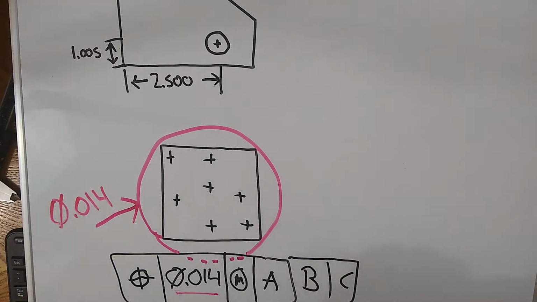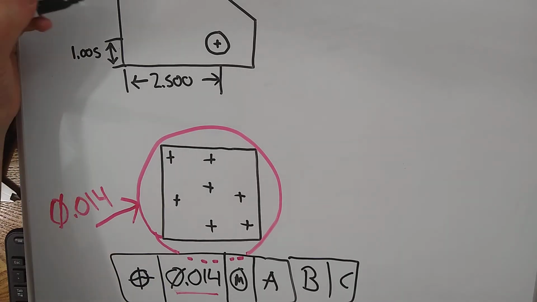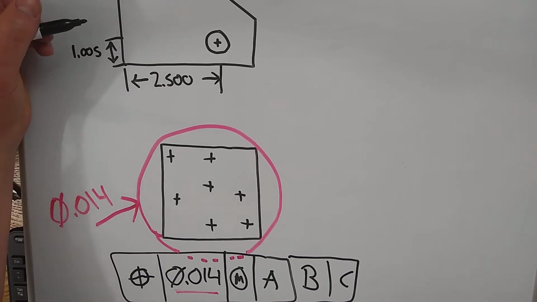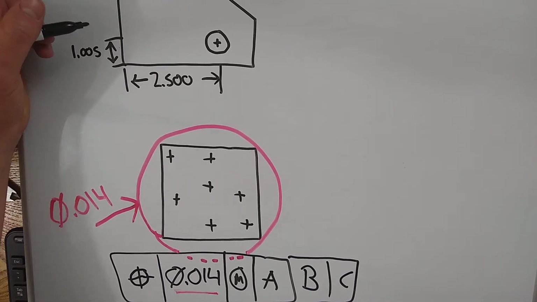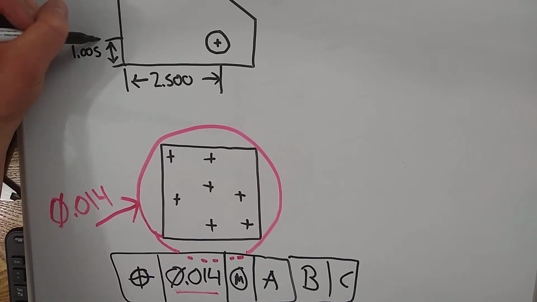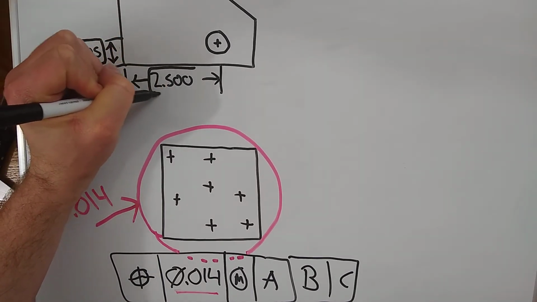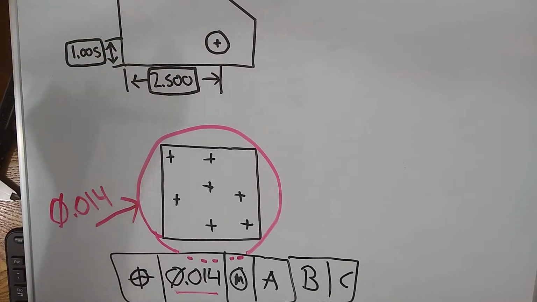But what I should have done on the print is that, because I added this position symbol at the end as a way to demonstrate a revision box for this video, I forgot to. It's common GD&T practice to put a box around our basic dimensions, which is something I didn't do.